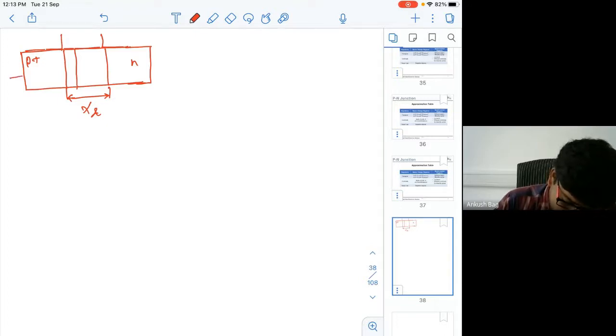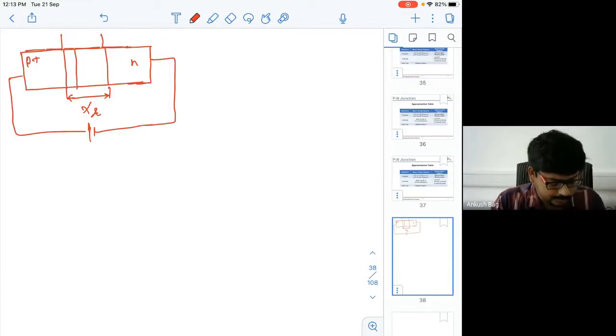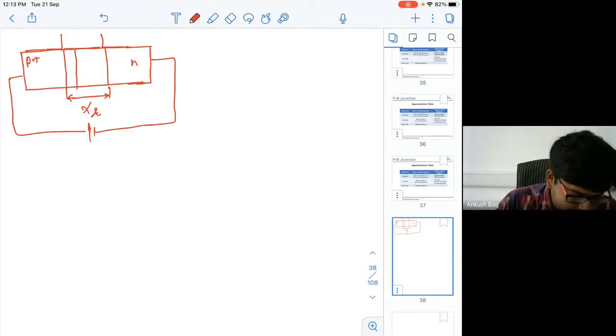Now if we apply this forward bias, let's say this forward bias V will drop across this diode. So then obviously there will be a voltage drop across this depletion region.